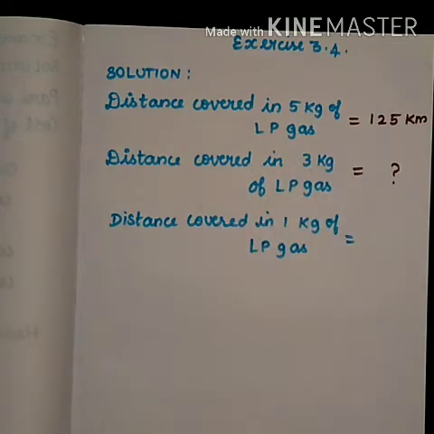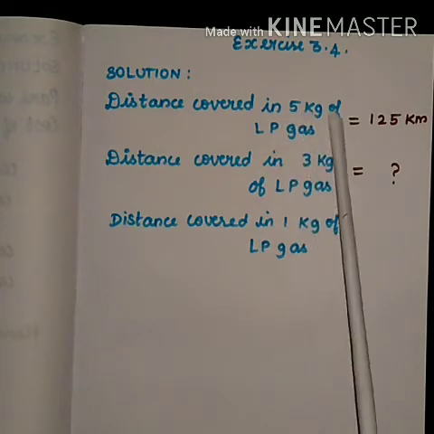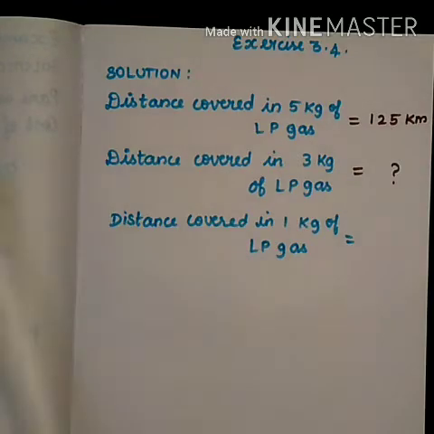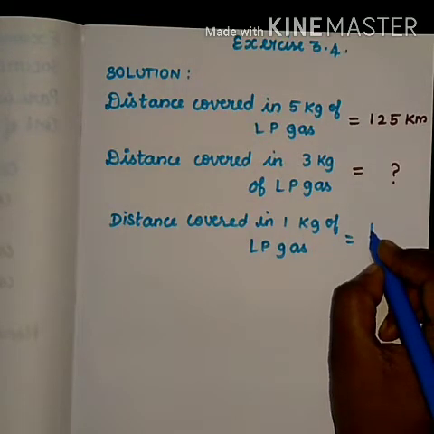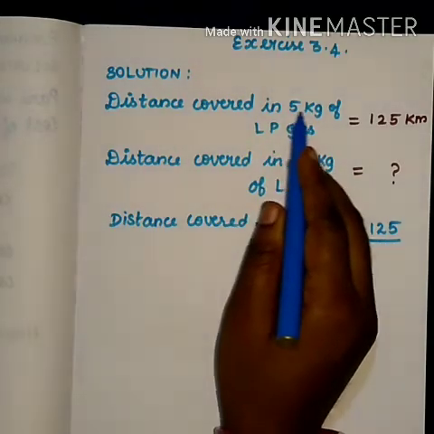By using the unitary method, you have to find the value of 1 unit, that is, the distance covered in 1 kg of LP gas. See here, in 5 kg of LP gas, 125 km distance is covered. So, to find it for 1 kg of LP gas, you have to divide the kilometers by the LP gas.